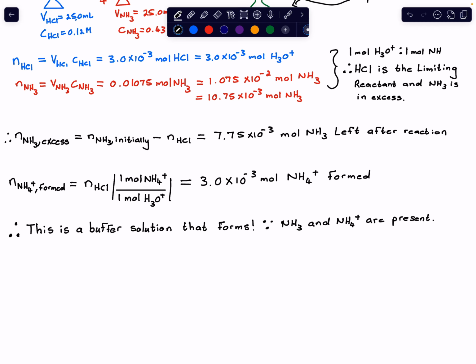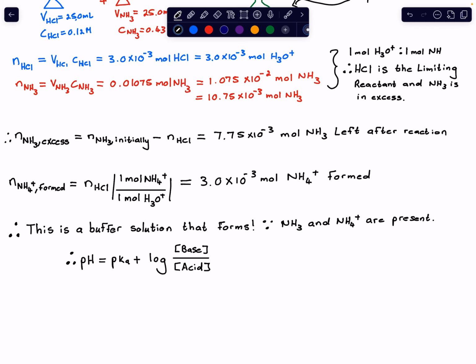Alright, and how do you calculate the pH of a buffer? Well, you use Henderson-Hasselbalch. pH is equal to pKa plus log of the concentration of the base divided by the acid, the conjugate base divided by the acid concentration.